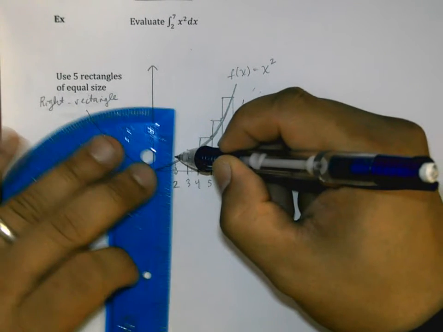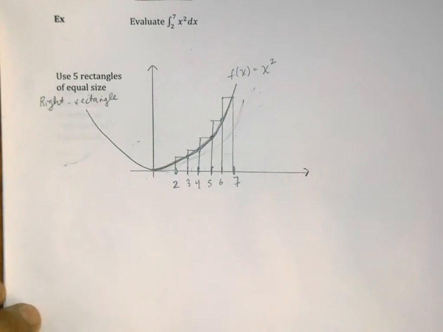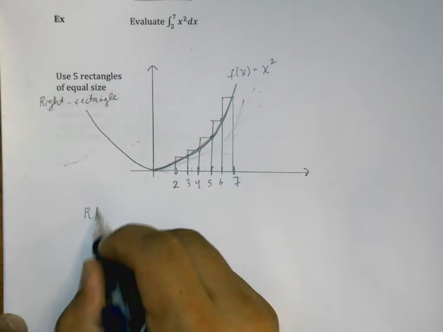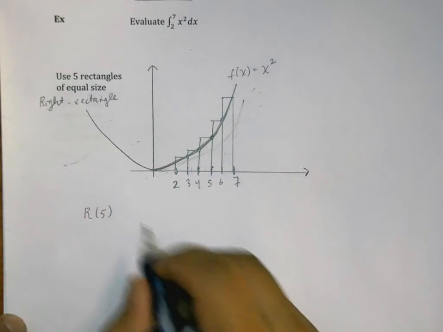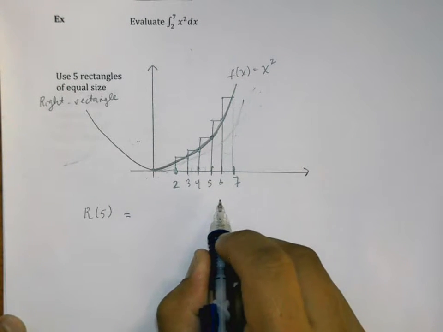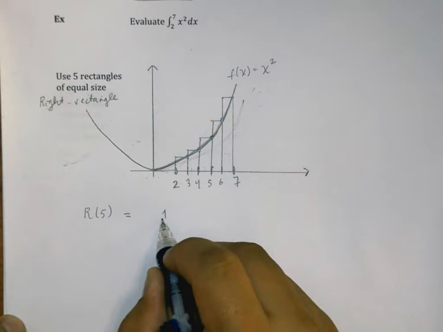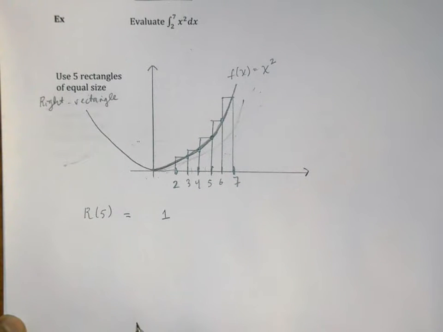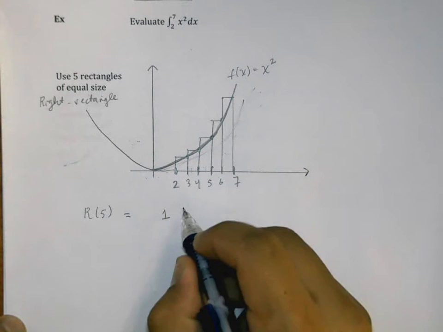So we're going to slice up this way. In this case, we're talking about the right approximation using 5 rectangles, so R of 5. Each one of these rectangles has a width of 1, and their height just depends on where you're at.